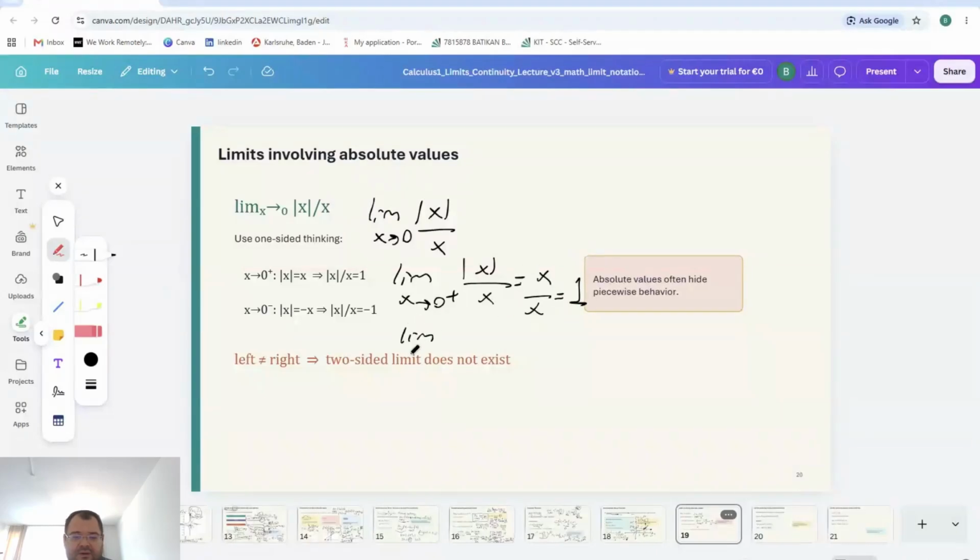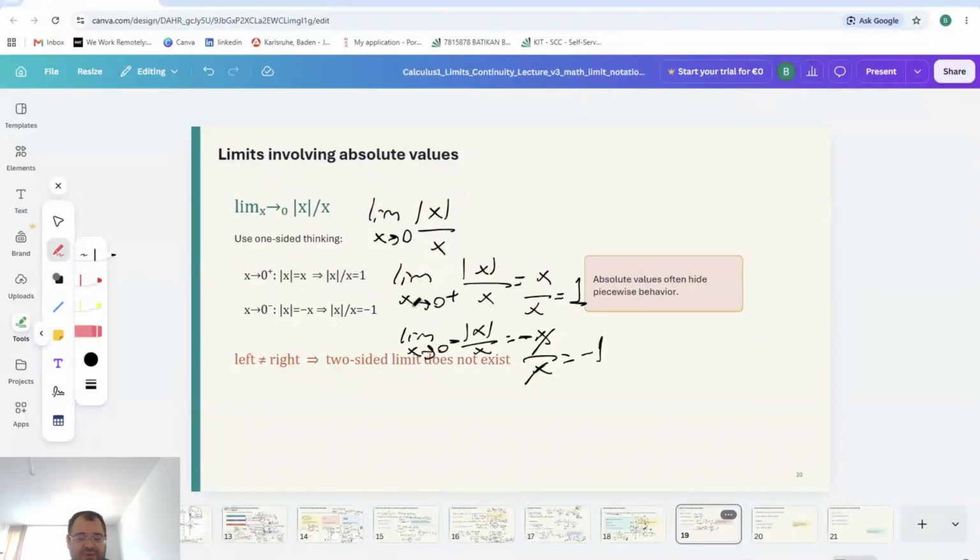If we approach x from the left side, since it is negative, when you get rid of the absolute value, you must put minus x divided by x, and this is why it is minus 1. So when you have functions with absolute values, you need to take care of the sign of x, so that you can correctly get rid of these absolute values.